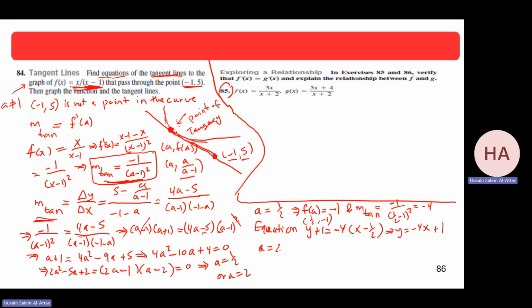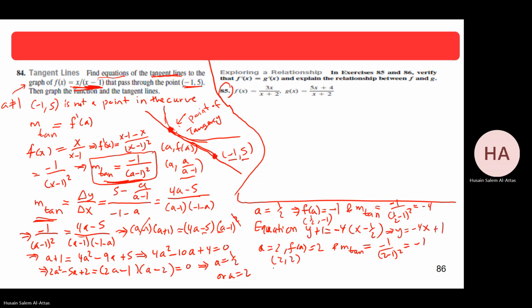A equal 2, f of a, substitute in equation 2, which is 2. And what will be m tangent? It is minus 1 over 2 minus 1 square, which is minus 1. And the point is 2 and 2.